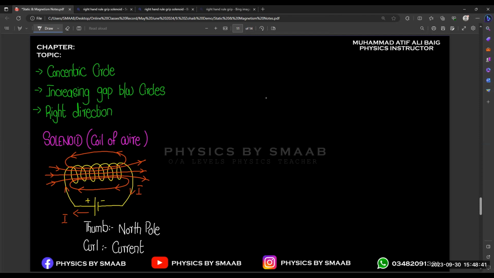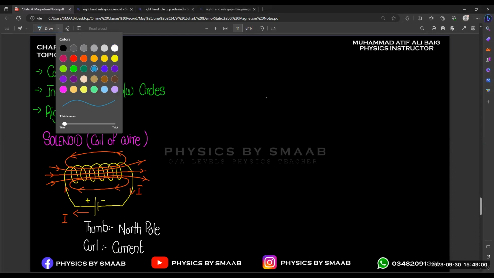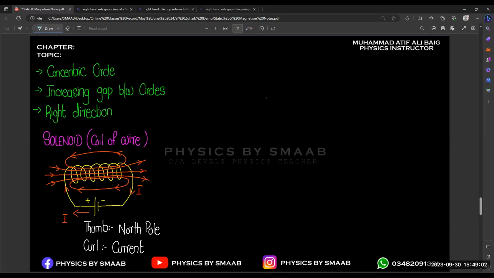Now if we consider another important case that is usually asked by the examiner in your exam, let's suppose you have two conductors or two straight wires very close to each other. Let's suppose we consider two conductors like this, I will give you an example.